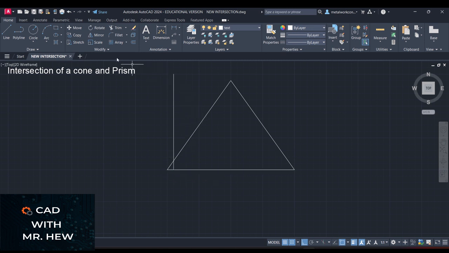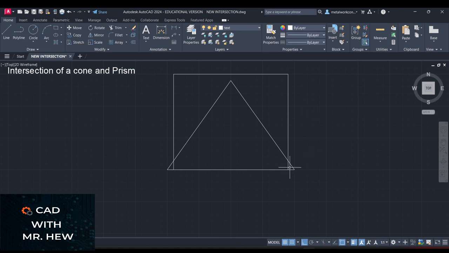Enter. We're going to draw the next line. Enter. All right, so this is our prism. Let us draw the top of it. All right, that's the top of our prism.